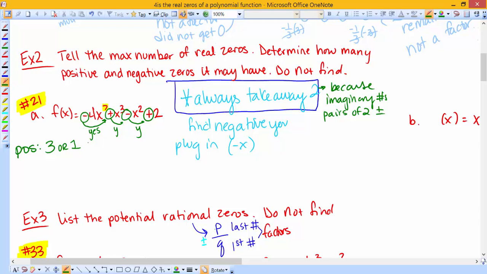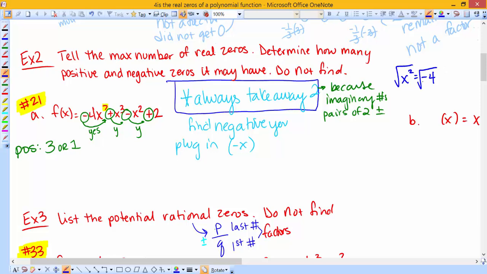The reason for that, we always have to take away 2, because if I am solving x squared equals 4, and I square root that, I get plus or minus 2. So that's 2 solutions right there. Now what if I make that 4 negative? So now I have x squared equals negative 4, and I square root that.